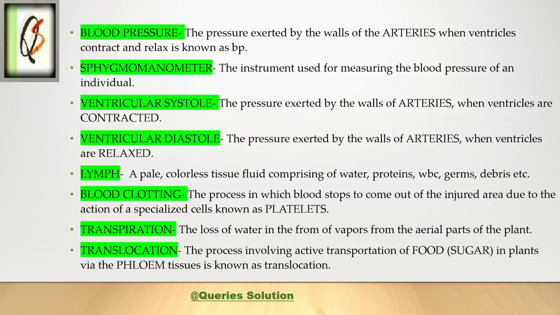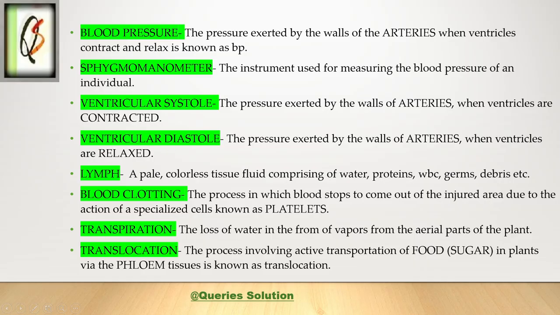So when the ventricles of your heart contract, the pressure which is exerted by the arteries of your body when the ventricles are contracted is something we say as the ventricular systole. And what is ventricular diastole? It is the pressure which is exerted by the walls of arteries again, but when the ventricles are relaxed, that is something we say as the ventricular diastole.